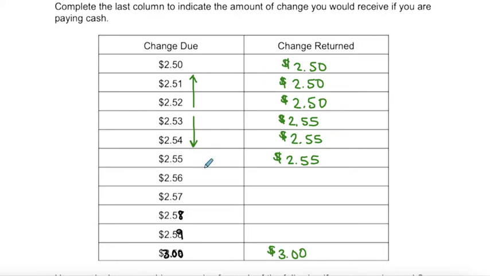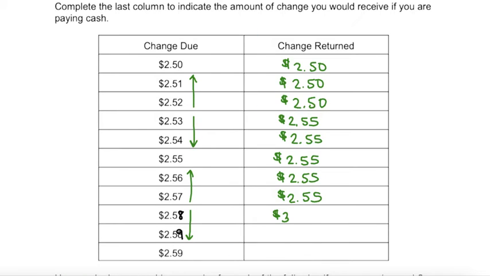The same thing happens with our next set of numbers. So $2.56 and $2.57 get rounded down to $2.55. And 8 and 9 get rounded up. So $2.58 gets rounded up to, I guess it wasn't $3 that I wanted here.